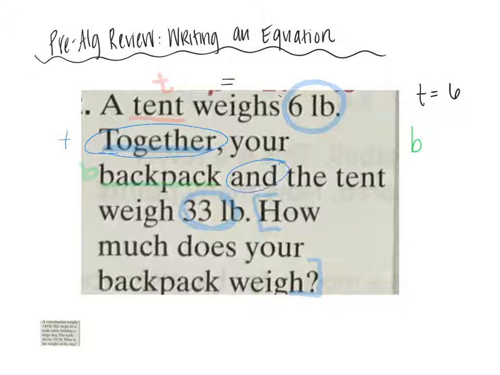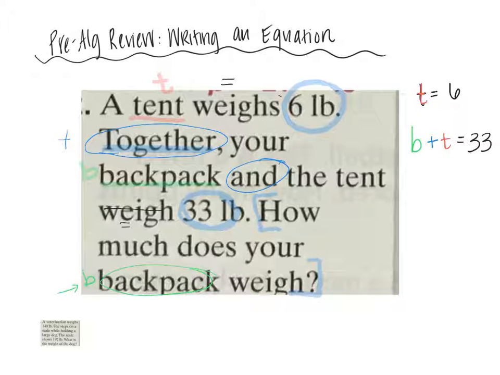When I have together and, that's addition. My backpack and my tent weigh 33. Weigh is the same as equals. And I want to know how much my backpack weighs. So I'm looking for my B.